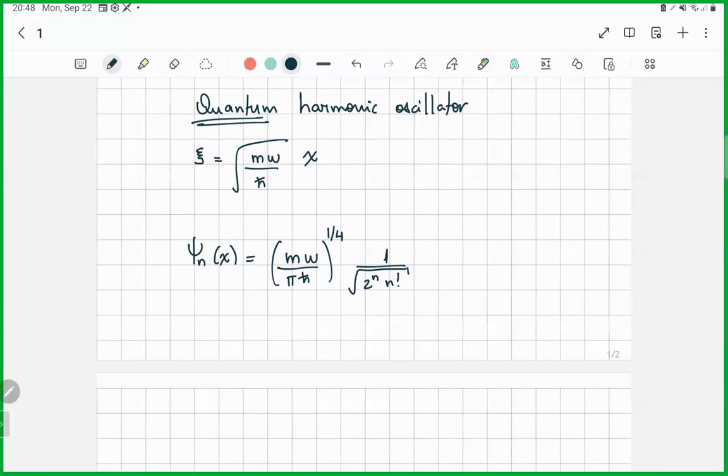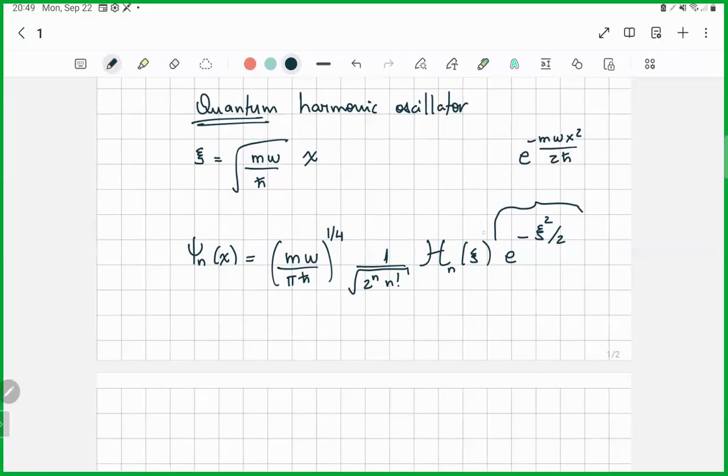And also in this function of Hn, I'll tell you in a minute what it is. And here the exponential of minus c squared over 2. So you see that this term here, if I write in terms of x, is what we are familiar with. Now it's exponential minus m omega x squared over 2 h bar.